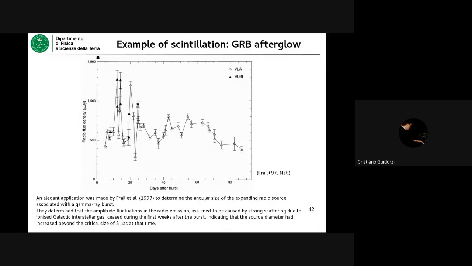And so what happens? You see the flux. At the beginning, the flux is fluctuating wildly, by a factor of 2 or 3 on a relatively short time scale. And from a given time on, the fluctuations are significantly quenched and reduced.